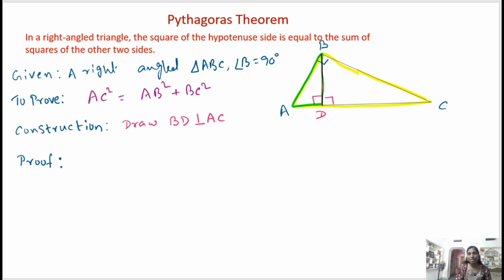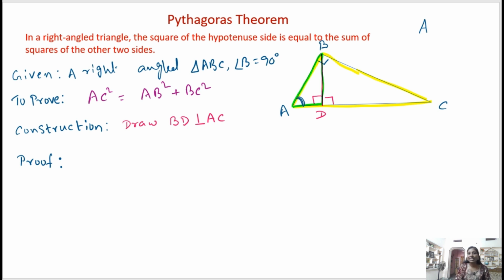So try to see which angle is corresponding to which. In small triangle ADB, angle A is there, and in big triangle ABC also angle A is there. In both the triangles angle A is common. It means one angle we have found.